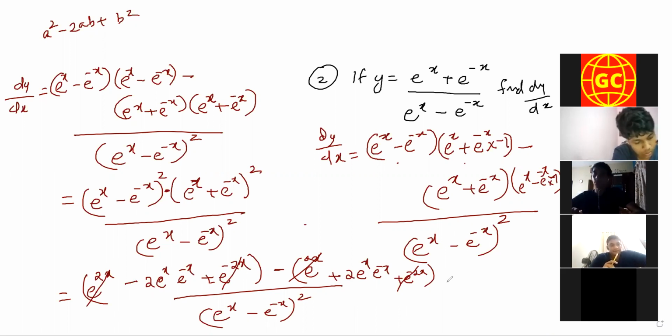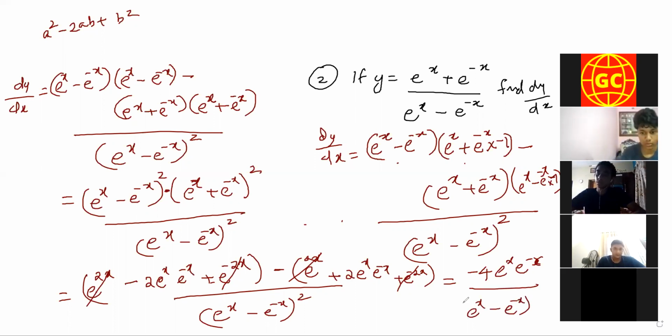Remaining what you will have? Minus 2 e raised to x e raised to minus x minus 2, so that is minus 4, isn't it? Minus 4 e raised to x e raised to minus x divided by e raised to x minus e raised to minus x the whole square. Isn't it?